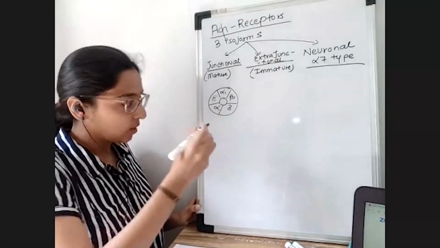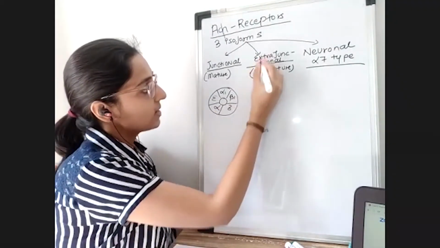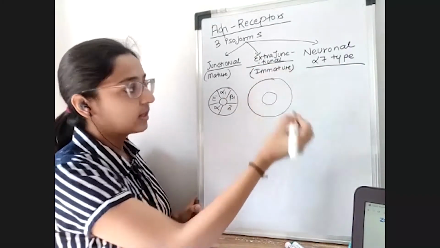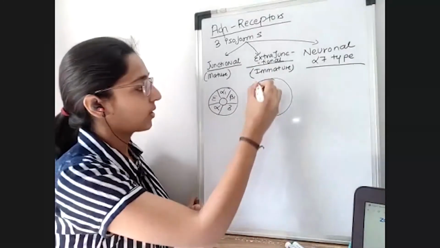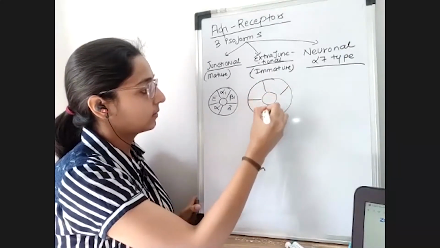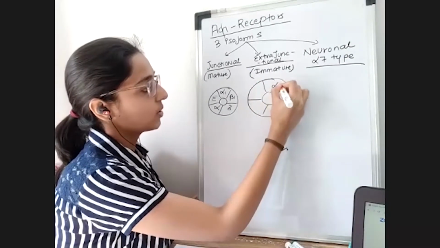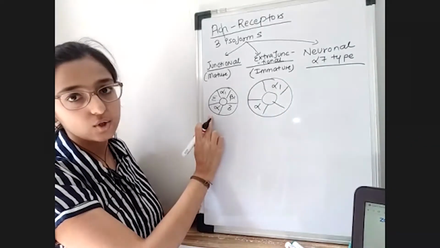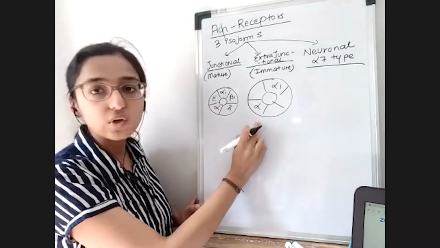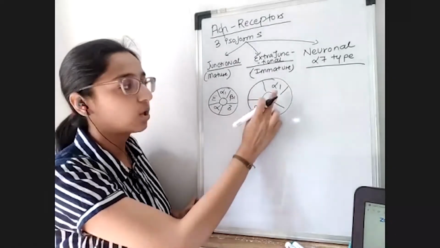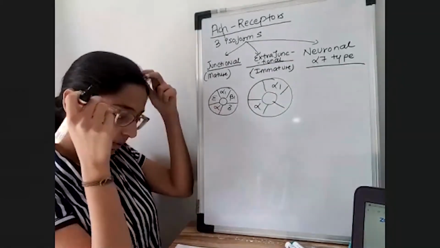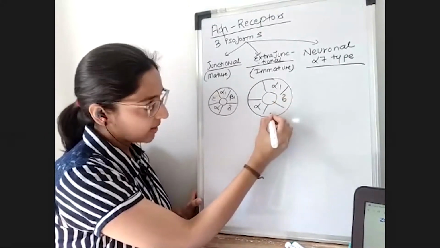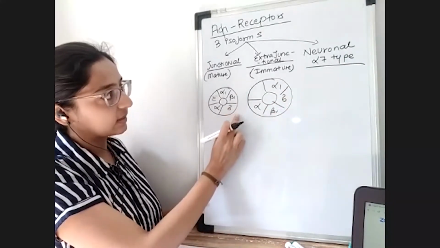Now, the structure of the extrajunctional also has 5 subunits. It also has 2 alpha subunits, just like the junctional mature receptor. It also has a delta subunit and a beta 1 subunit, just like the junctional.